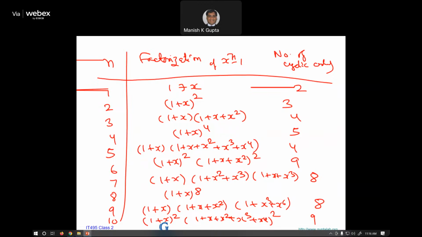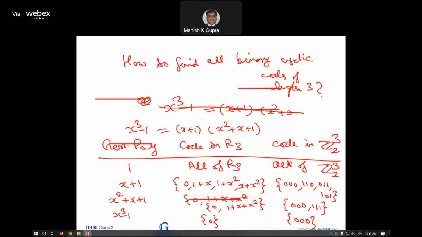Got it? So basically, here, when you multiply in the first case, I can show you. Yeah, the first case, 1. When the generator polynomial is 1, that's what you are getting, because 1, x square, right? The whole thing. This is a cyclic code, yes.